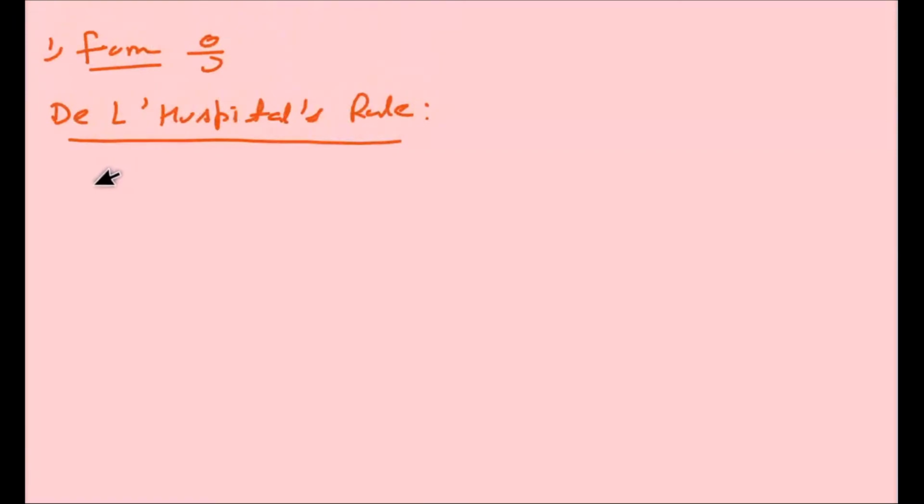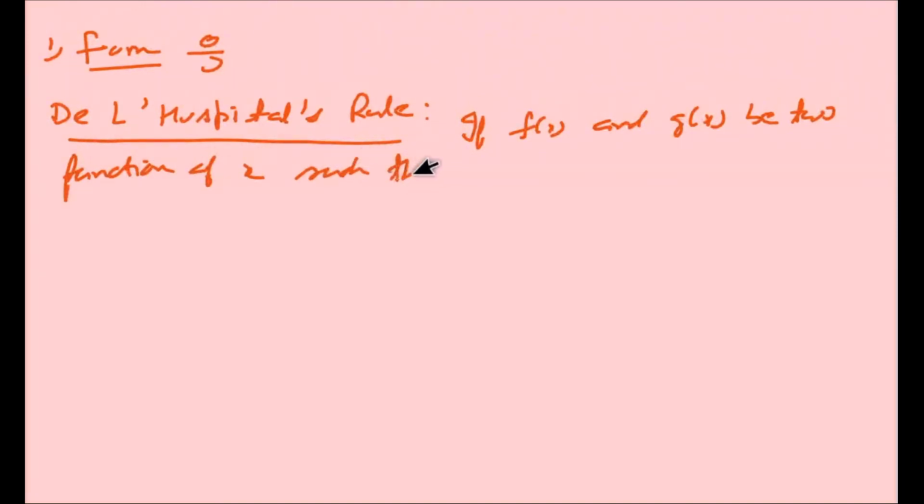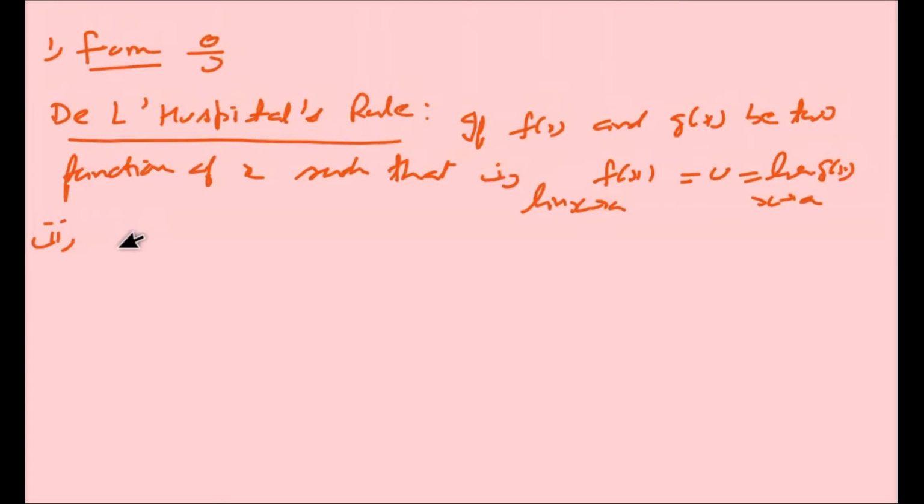If f(x) and g(x) are two functions of x such that, condition number 1, limit of f(x) as x tends towards a equals 0, equal to limit of g(x) as x tends towards a. Second, both are continuous at x equal to a.